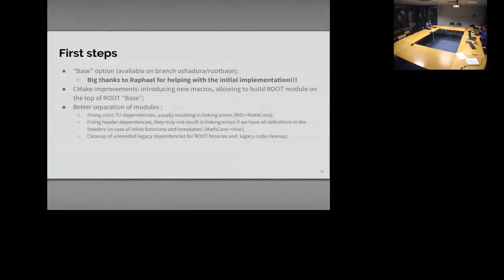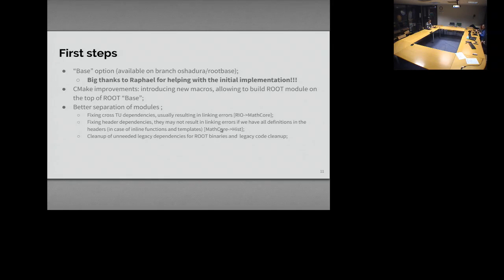Better separation of modules. While going through base and trying to plug in our first module, we found that there are a lot of cross-TU dependencies that should be fixed, which result in linking errors. There are also header dependencies, which you cannot see through linking errors, but when you start to build the boundaries, you notice that something is going wrong.